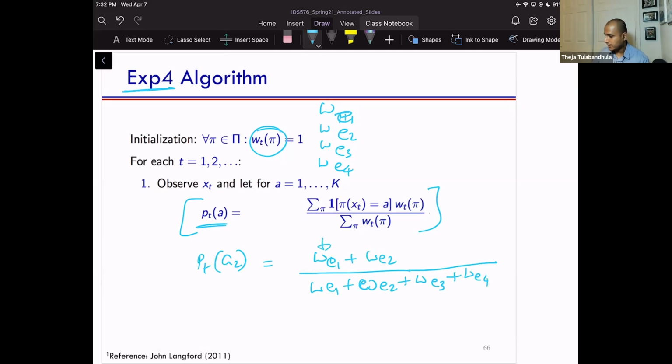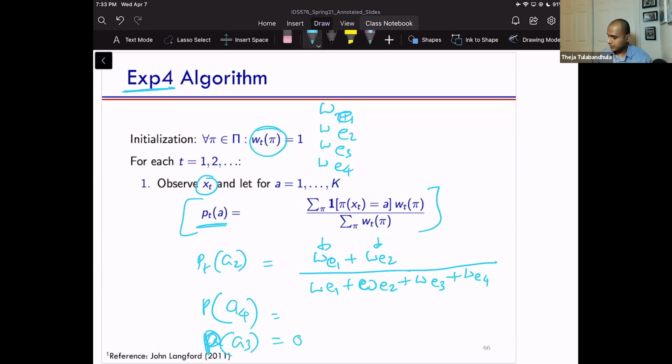That's because both these policies, E1 and E2, are suggesting A2. So for this given context, where XT is the context, the probability of A2 is this, the probability of A4 is the opposite, and the probability of A3 and all the others is 0.